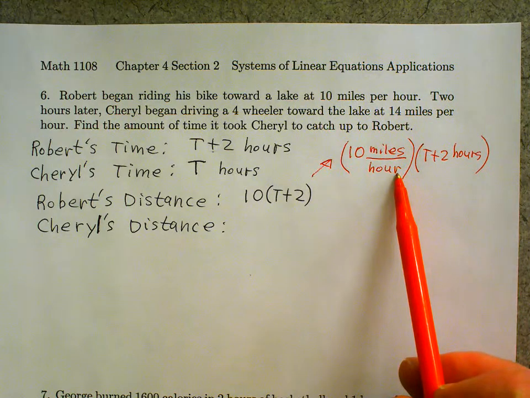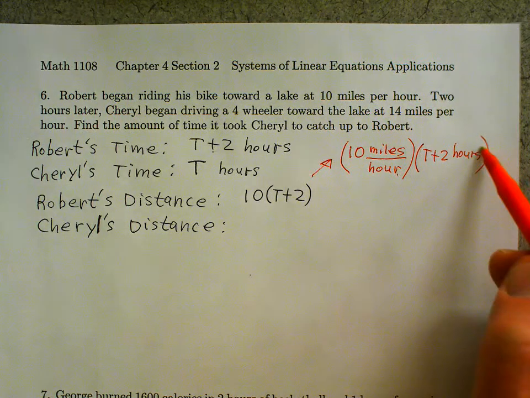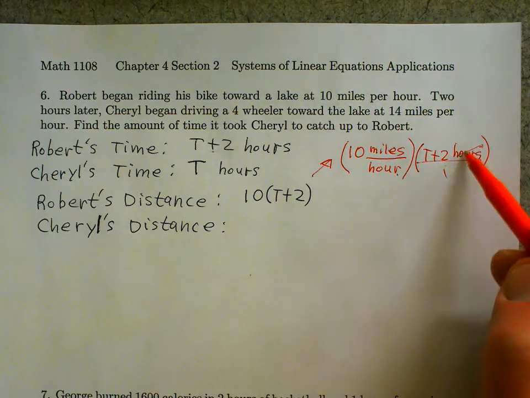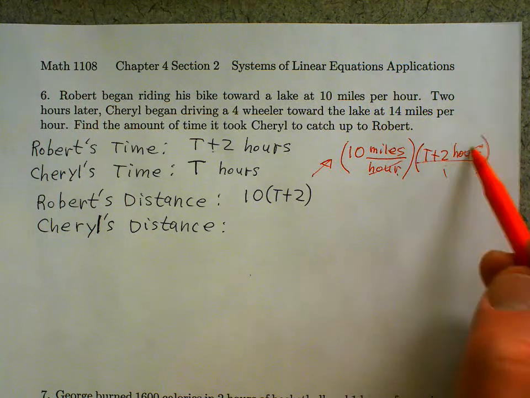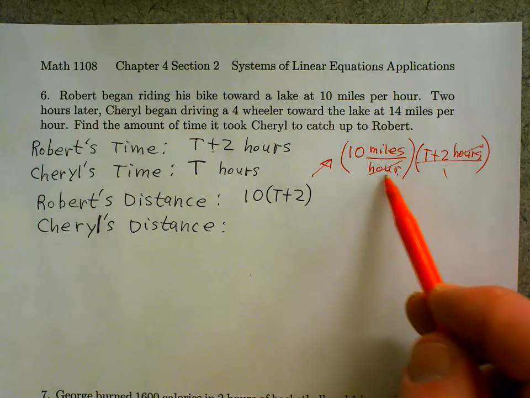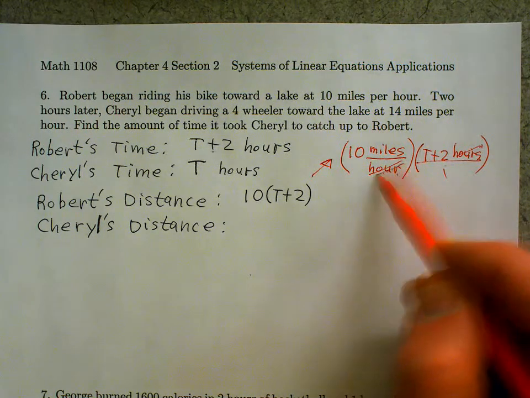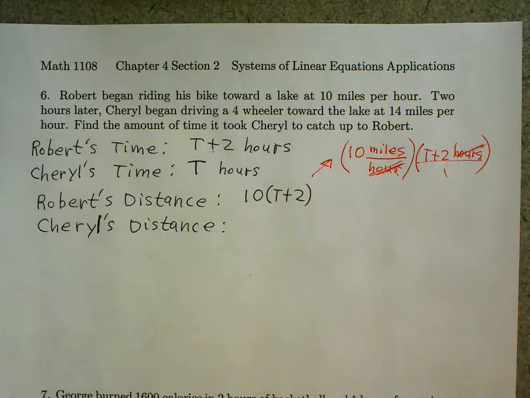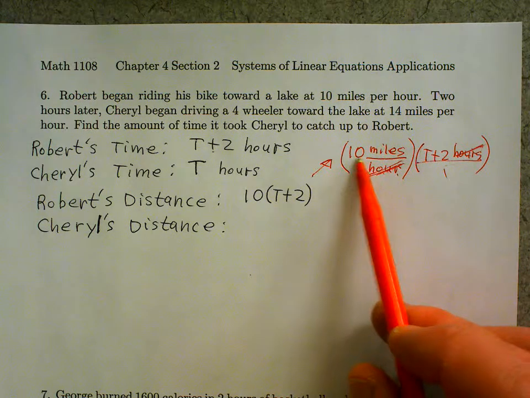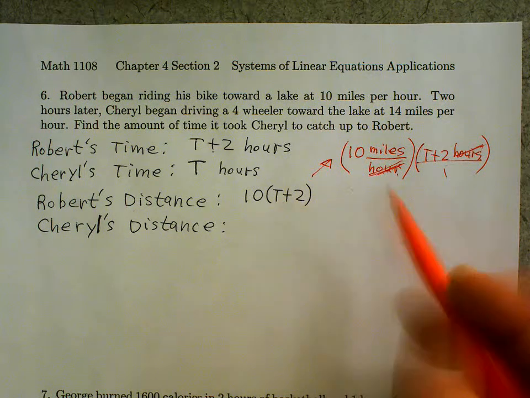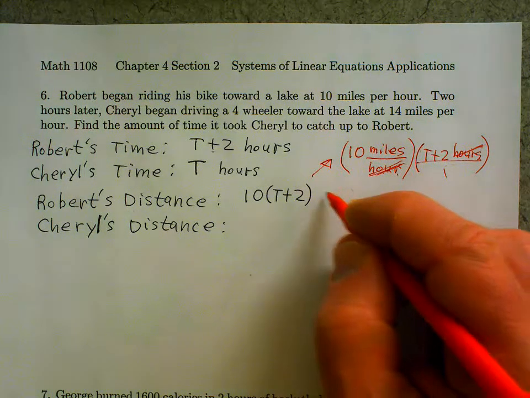So the hours units cancel because this hours is in the numerator and this one is in the denominator. Even though one is plural and the other is singular, they're still the same unit. Each represents an hour or hours, so they cancel each other out. And the units are miles. That makes sense because it's a distance. 10 times T plus 2 miles.